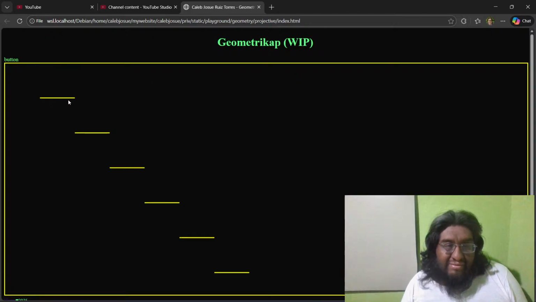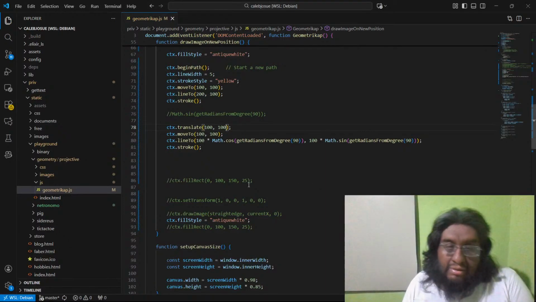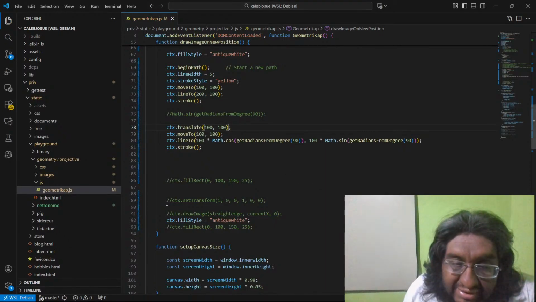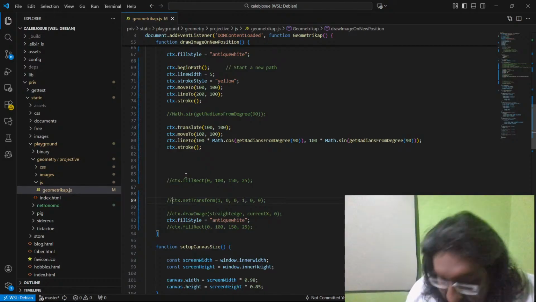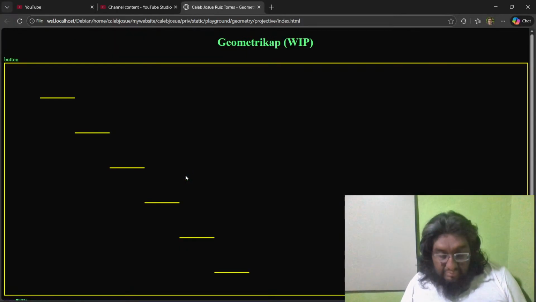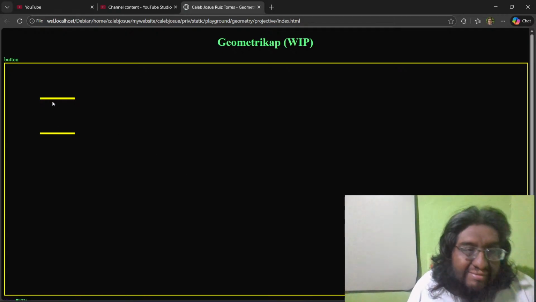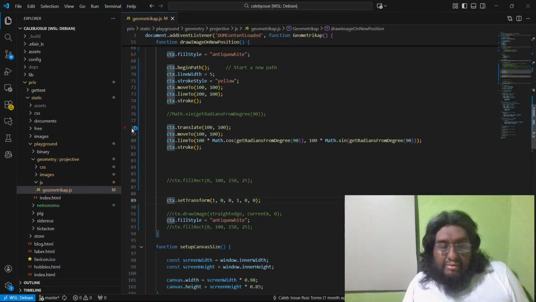So maybe over here, some circle. Let's see if this is going to fix the thing. There are a lot of lines in here. The thing didn't work.